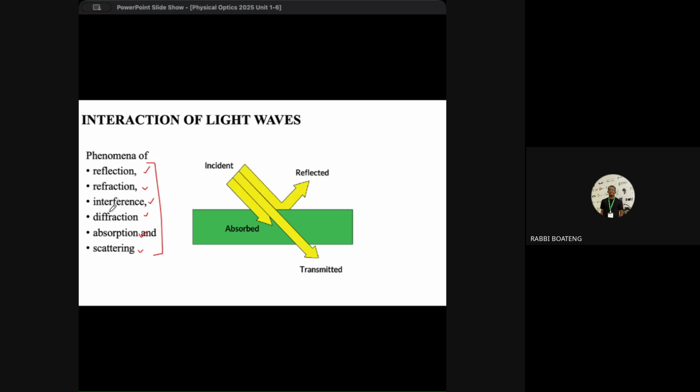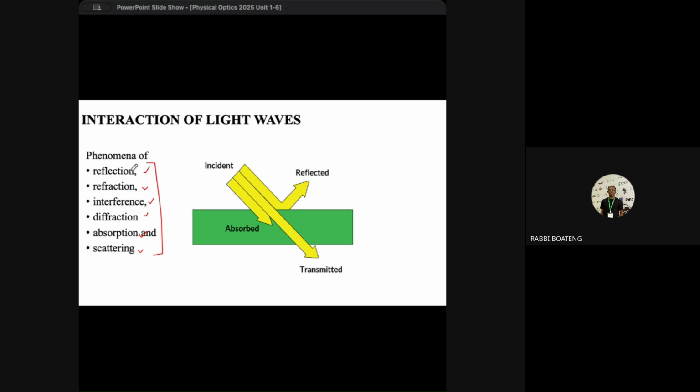What about diffraction? What about absorption? Okay, that is fine.